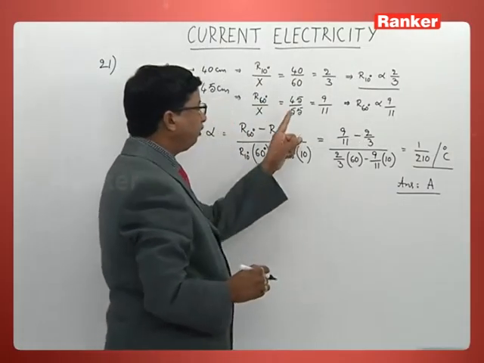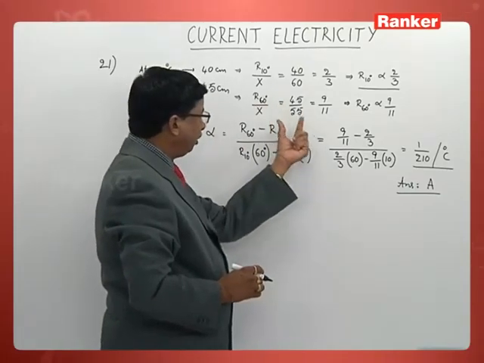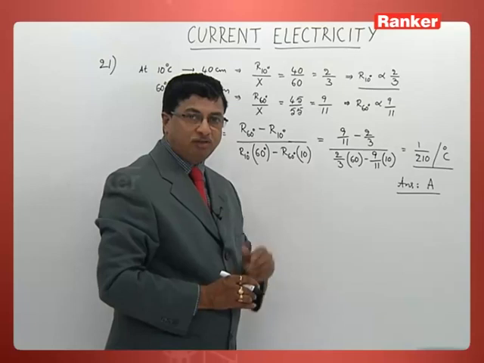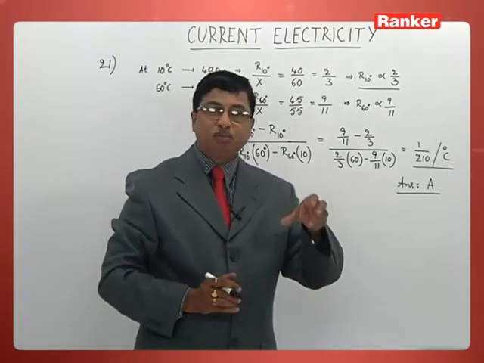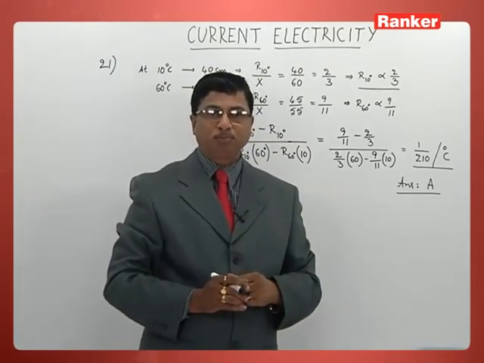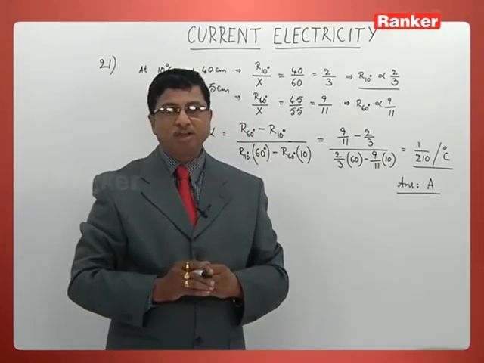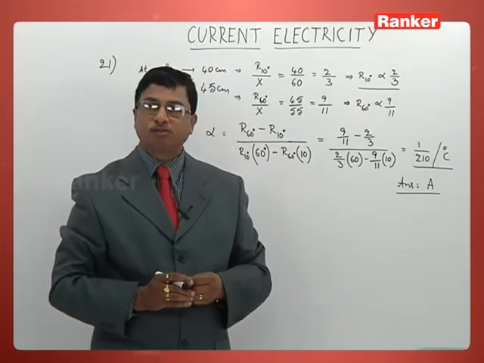But all of you should understand from this model that the effect of temperature on resistance of a conductor we know is now linked with the experimentation with the meter bridge in this problem. Such models are very, very common in different entrance examinations.